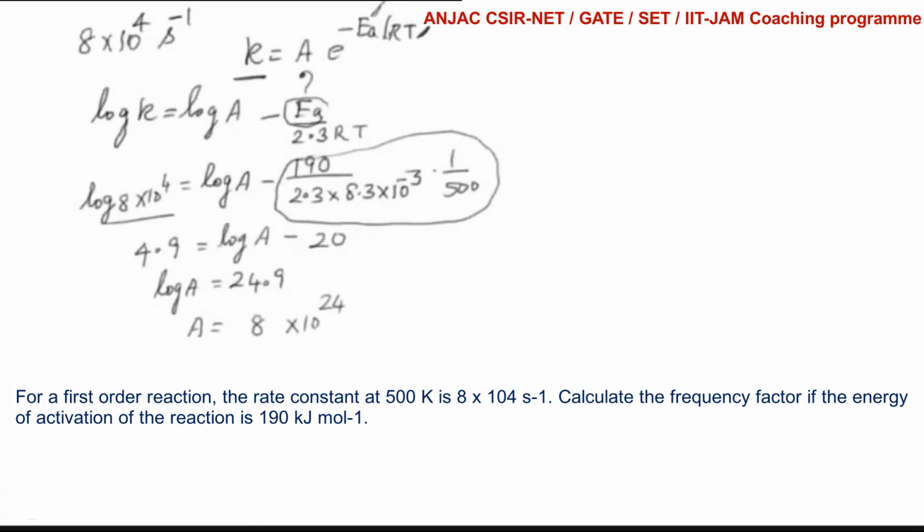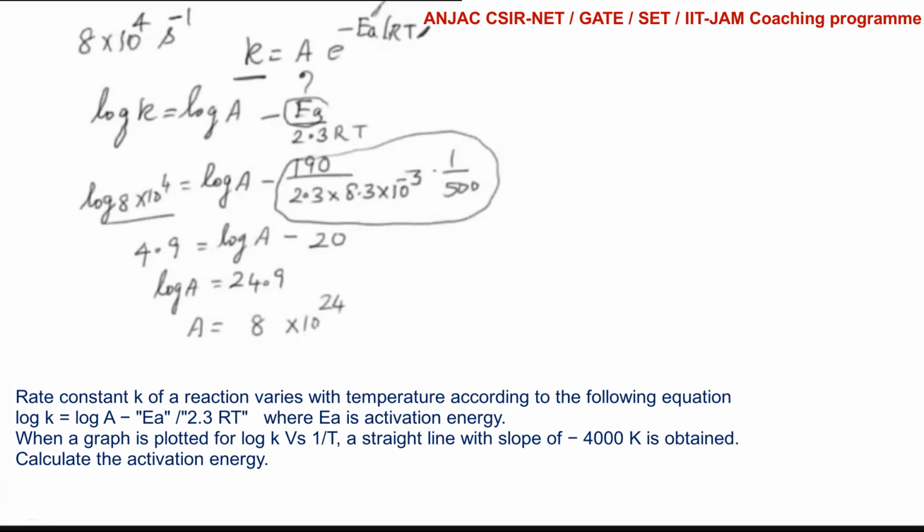The rate constant K of a reaction varies with the temperature according to the following equation: log K is equal to log A minus EA by 2.3 R into 1 by T, where EA is the activation energy.